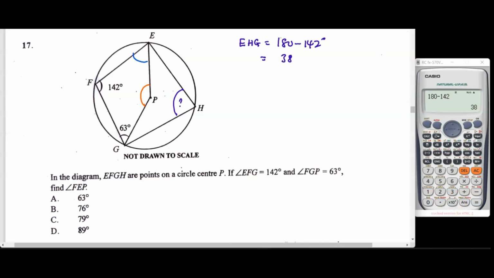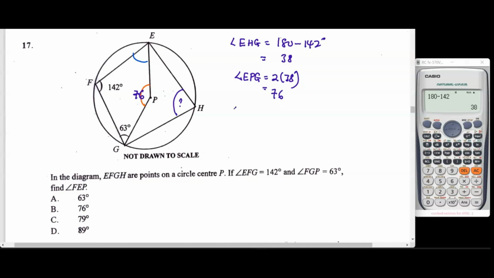If that is 38, how do we get angle EPG? It will be equal to 2 times 38, and that is going to give us 76. So that is 76 there. Now we have here as 76.